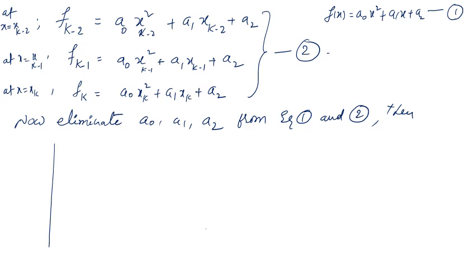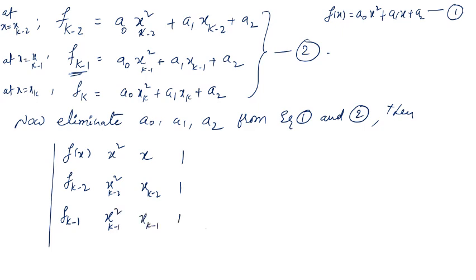The determinant with first row f of x, x square, x, 1. Next row, fk minus 2 on the left side and on the right side xk minus 2 square, xk minus 2, 1, the coefficients of the unknowns. Next, fk minus 1, xk minus 1 square, xk minus 1, 1. And lastly fk, xk square, xk, 1, and it should be equal to 0.